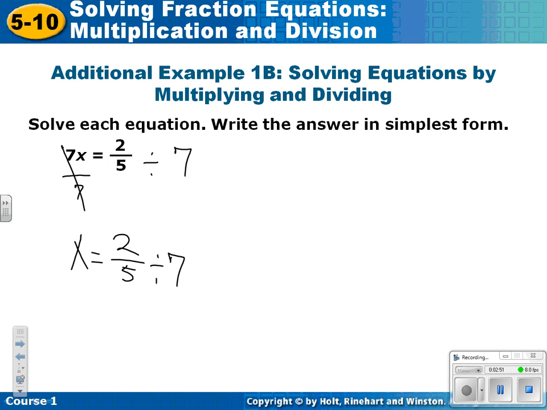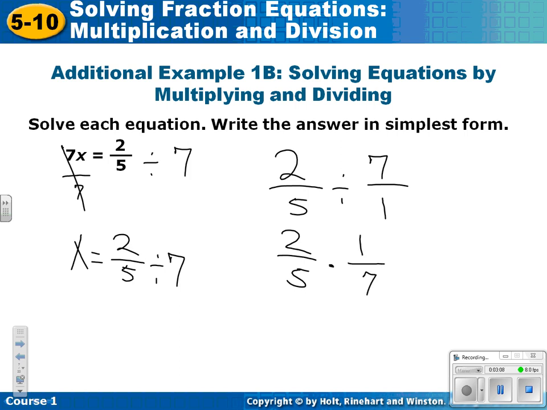So I'm going to have 2/5 divided by 7 over 1, because the whole number 7 as a fraction is just 7 over 1. Now we'll do the reciprocal. So we go 2/5 times 1 over 7. We multiply because in order to divide fractions, we just multiply by the reciprocal.